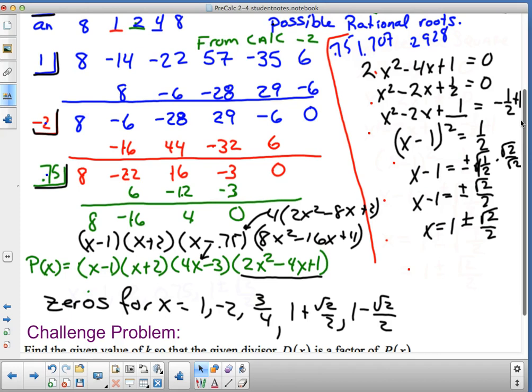Now, there's a couple ways to do this next challenge problem that we've got here, this very last thing. But I want to make sure you recall remainder theorem. What does remainder theorem let me do? You recall using it? We did it day 1. We did it Friday. Remainder theorem: if you take your value k and put it in for x in your polynomial, the result is the remainder that that value will have when you divide.